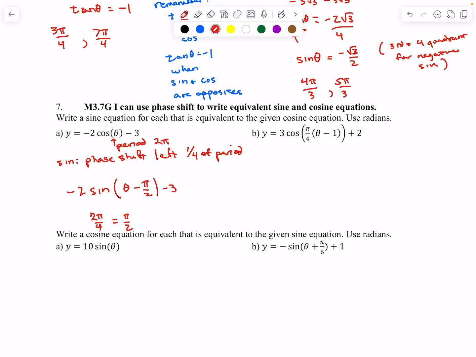And the rest of it stays exactly the same. Sorry, left pi over 2. Period is 2 pi over pi over 4.